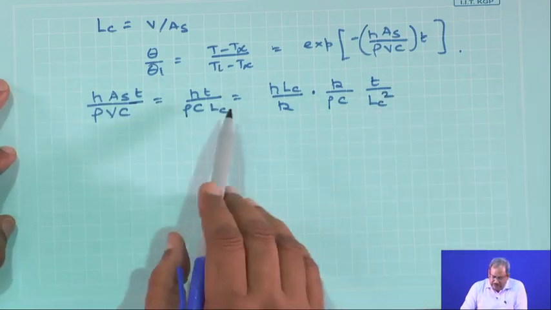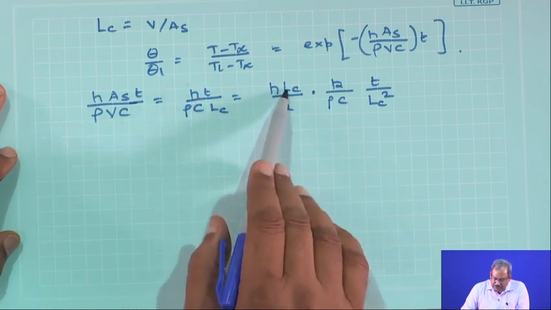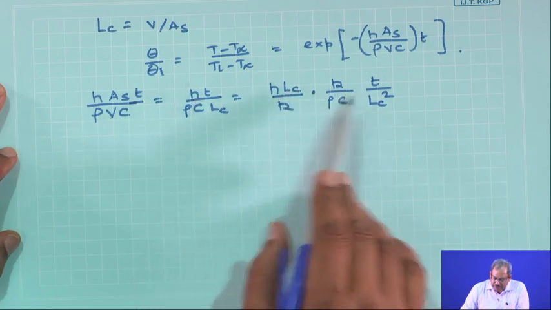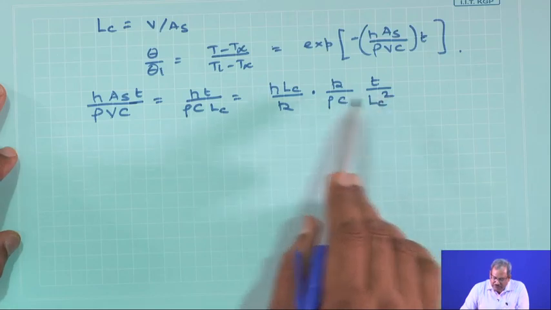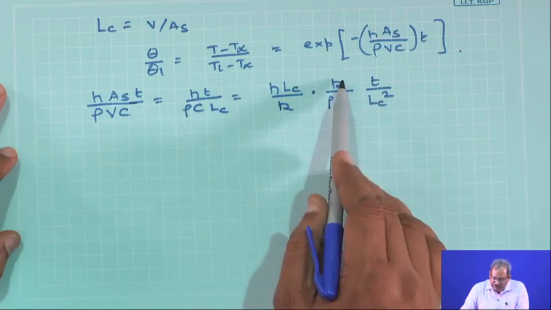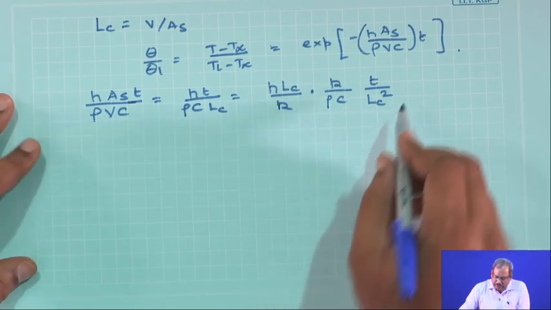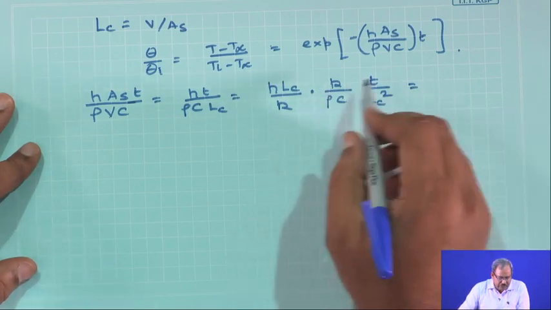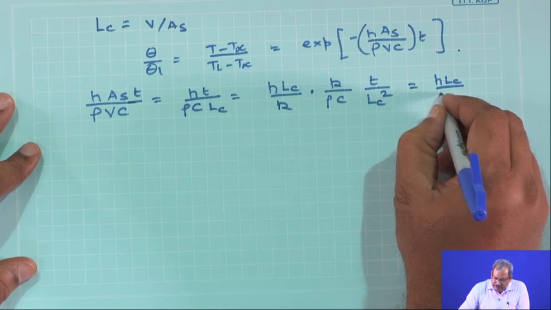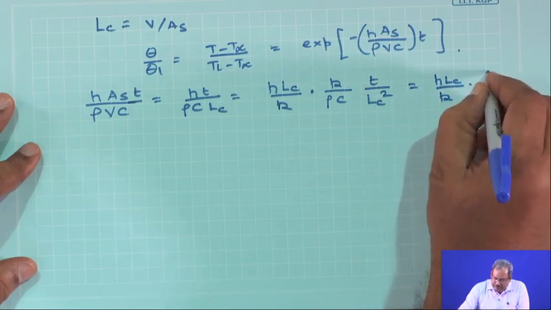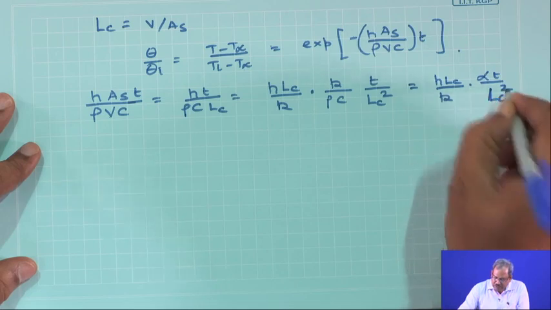I have not done anything except that, in order to bring the Biot number in here, I put an L C in the numerator. So, I have to have another L C, therefore L C square in the denominator. I brought in K over here, and that is all. So, this is further simplified as H L C by K times alpha T by L C square.